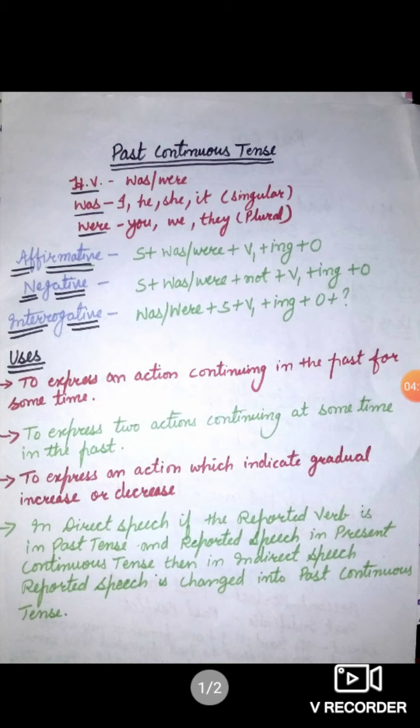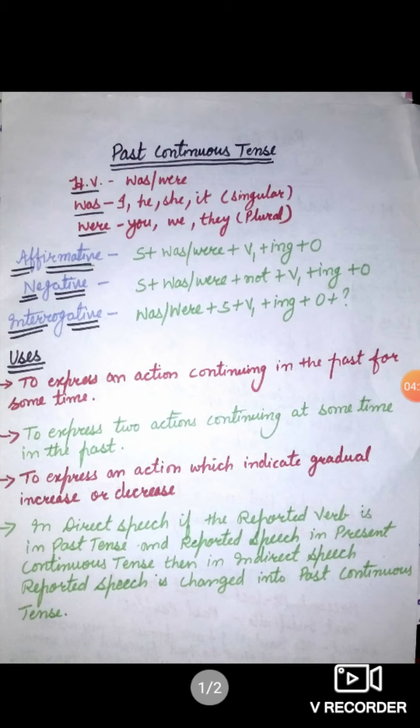It means this tense can be used to describe gradual increase or decrease in something. I hope three uses of past continuous tense are clear to all of you.